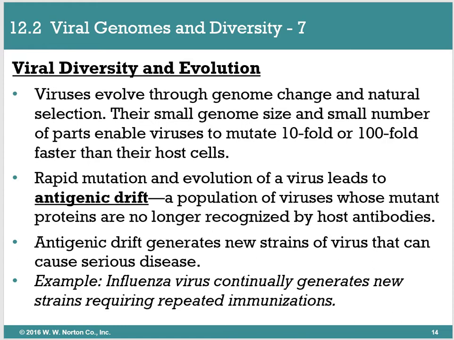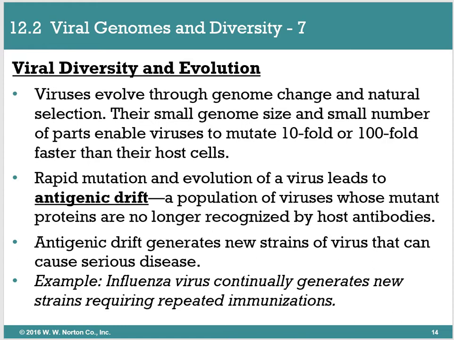And a lot of those random mutations can lead to something called antigenic drift. This is when a population of viruses has a mutation, and with that mutation, host cells can no longer recognize it as a threat. That's why it's able to infect so quickly, because we don't have any antibodies against it.